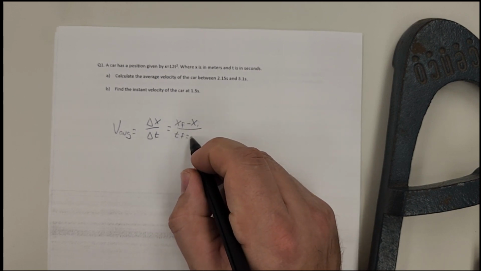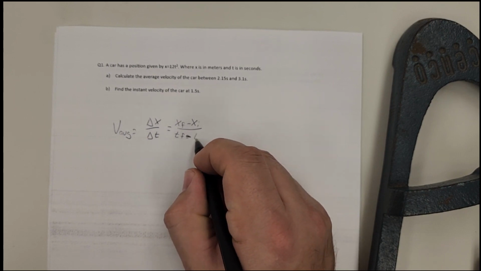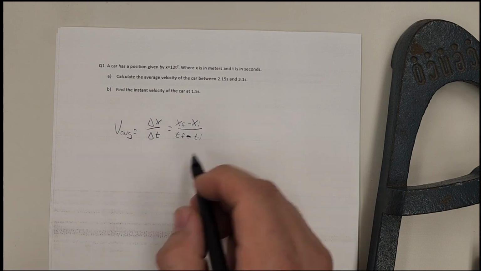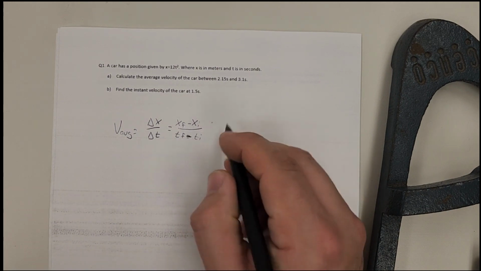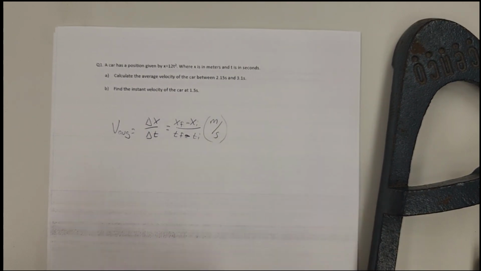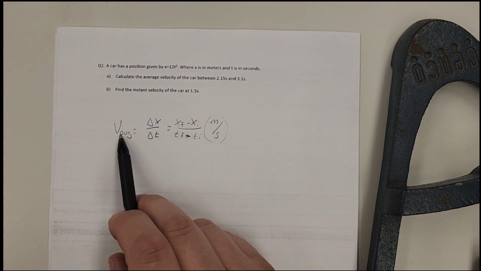We'll have a final time minus the initial time, or the beginning time. Okay, and that's how you find your V average. Of course, the x's are going to be in meters, and the time is going to be in seconds, so your units are going to be meters per second. All right, so that's how we find V average.